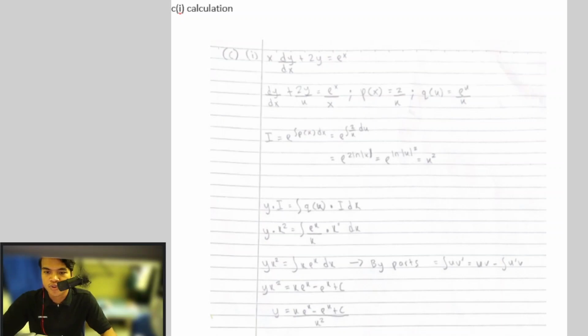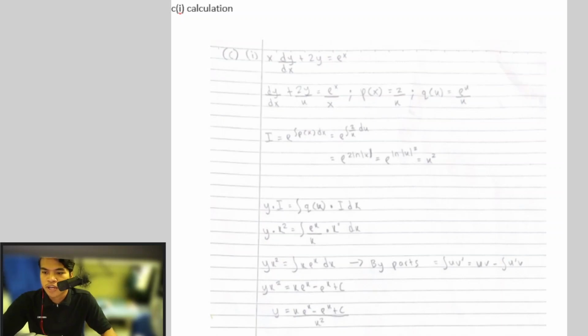And then we use the formula y multiplied by I equals the integral of q(x) multiplied by I dx, and we get y multiplied by x to the power of 2 equals the integral of e to the power of x multiplied by x to the power of 2 over x dx.